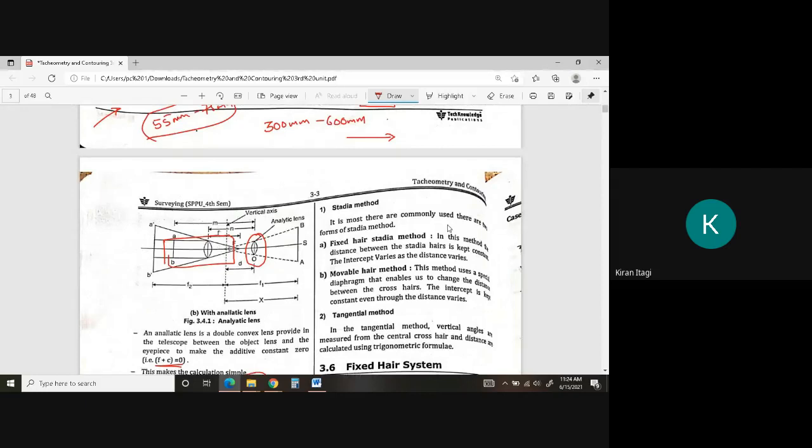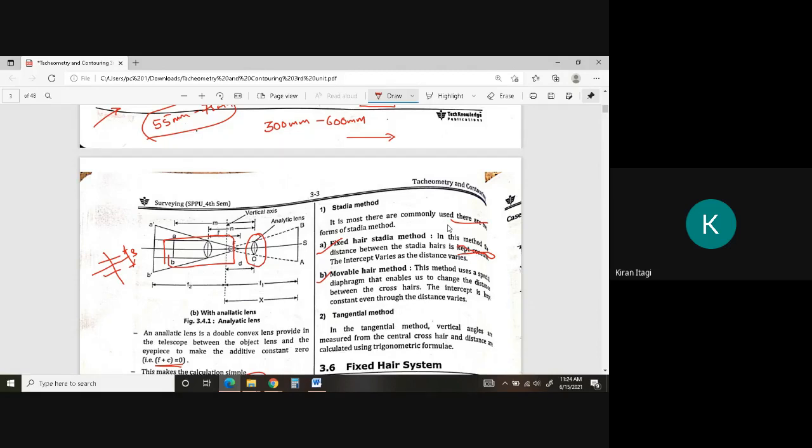The stadia method is most commonly used in two forms, one fixed and the other movable. In the fixed method, the distance between the stadia hairs is kept constant. If I draw it like this, the distance between the upper and bottom stadia hair is kept constant, we can't move it, so that is called the fixed hair stadia method.